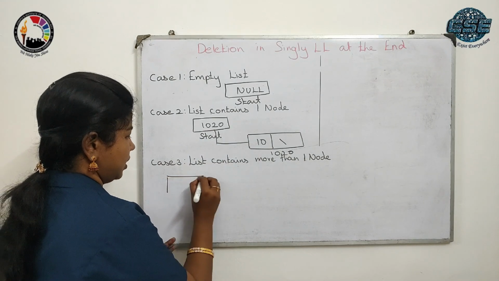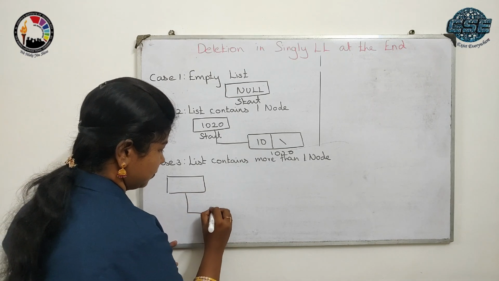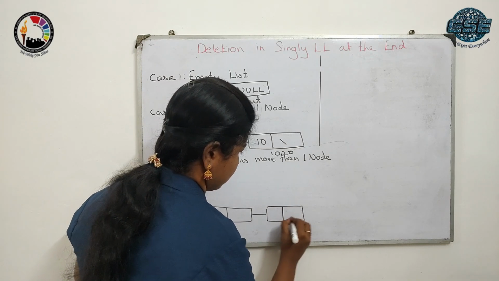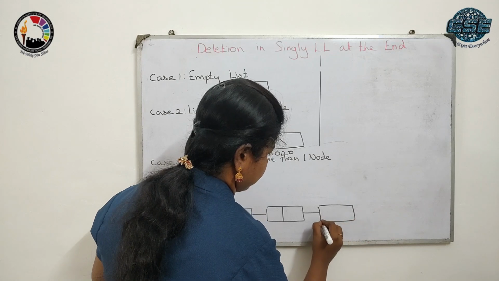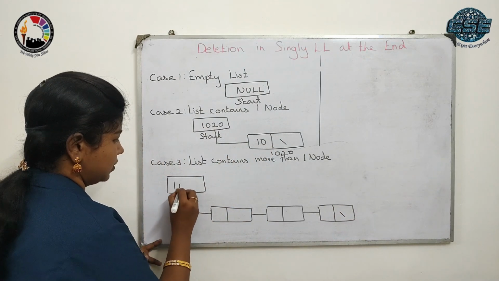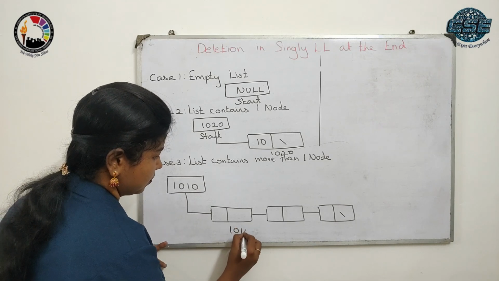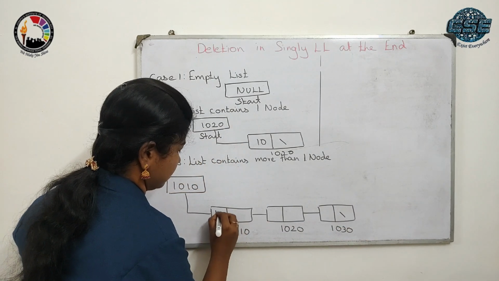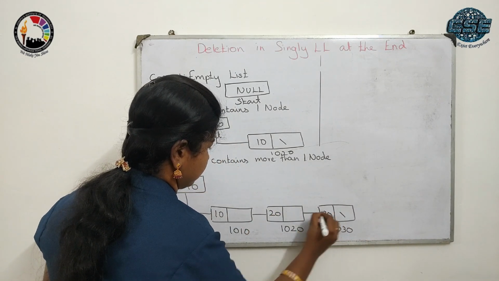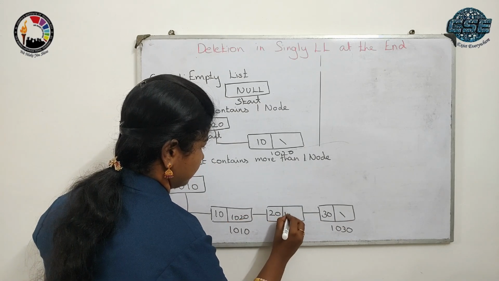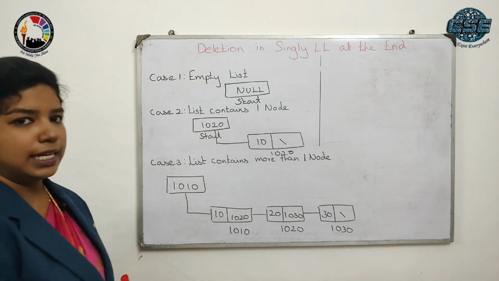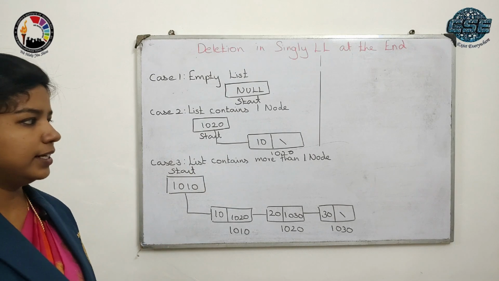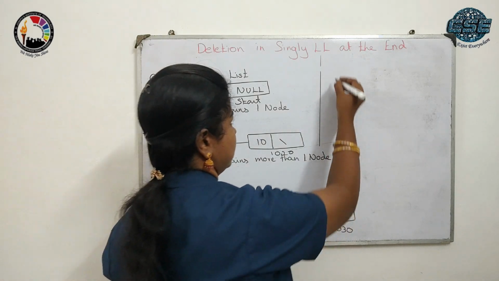And the next is we are having more than one node, and we are going to delete the last node from the linked list. So let me write the code for deletion at the end of your linked list.